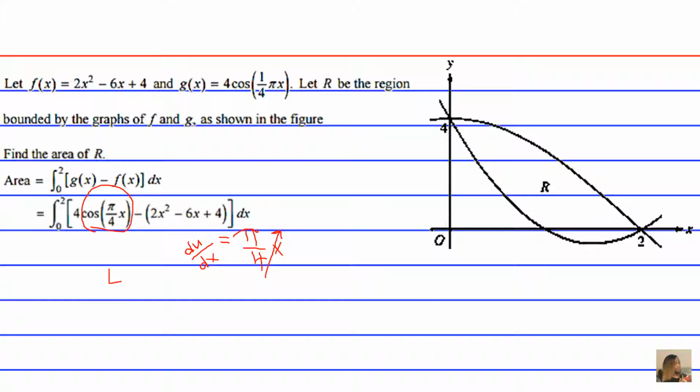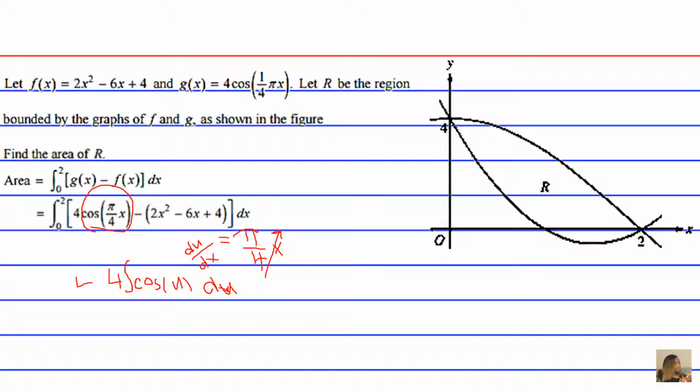Now when you rewrite this, we have the 4, the integral from 0 to 2. I'm not going to write that because my drawing tool is too slow. The cosine of u, but we also have du, where du is equivalent to pi over 4 dx.